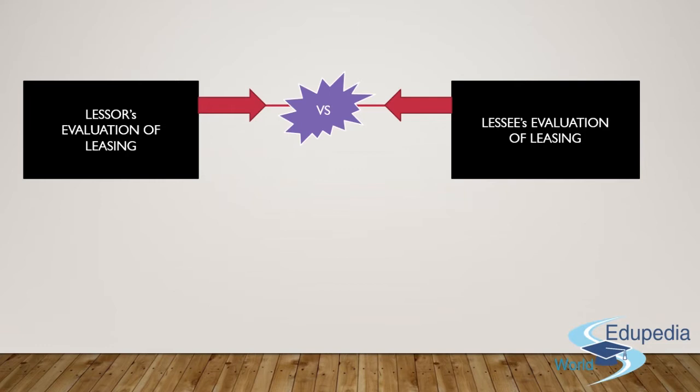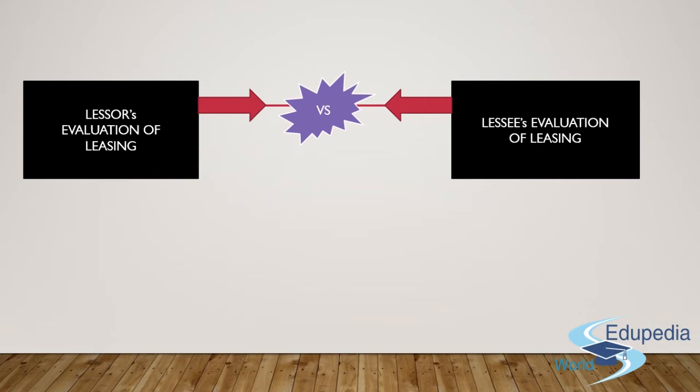Number two, the lessor is the owner of that asset. Since the lessor is the owner, he has transferred the asset to the lessee. However, having said that, he is still the owner of that asset. The entire risk and rewards may be transferred to the lessee, but he is still the owner. And being the owner of the asset, you will get that depreciation tax shield.